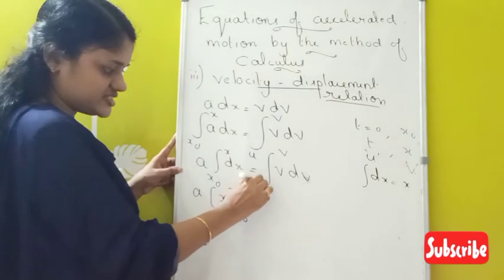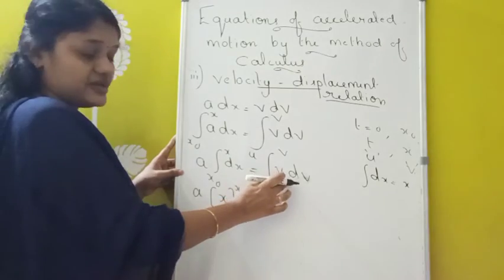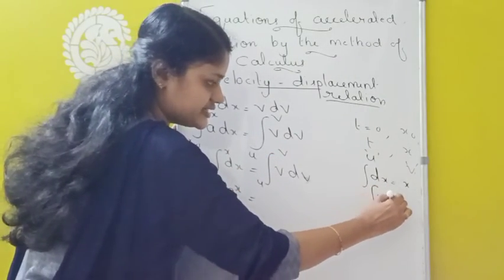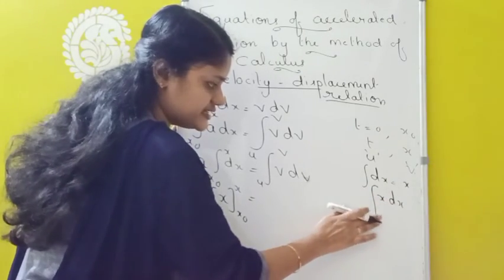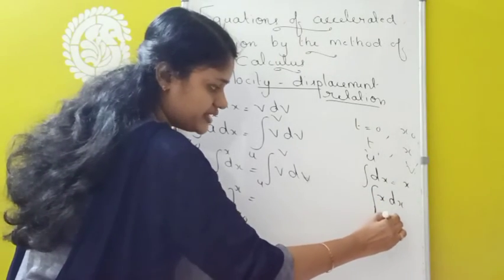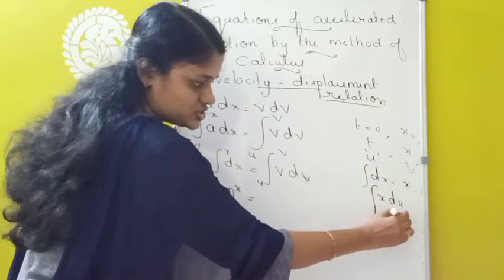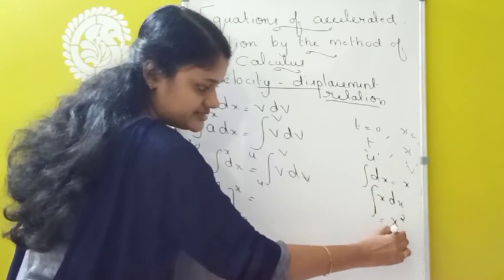Now on the right hand side we have a integral v dv. How will you integrate? Integral x dx is x raised to power plus 1, that is 1 plus 1 is 2, divided by that power itself.